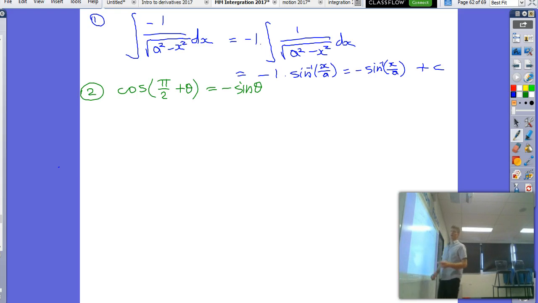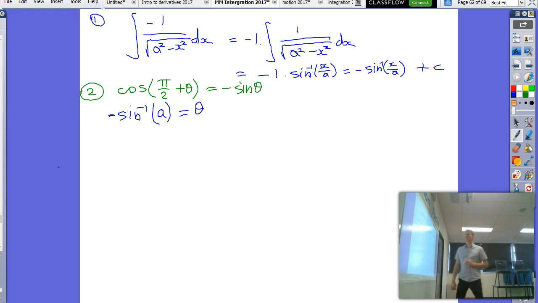And our goal now is to show that a negative inverse sine of some number is the same as an inverse cos from the point of view of the CAS. So, first off, let's call that angle theta.